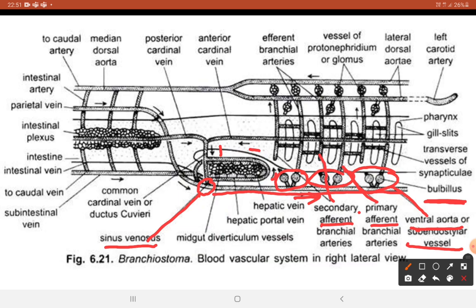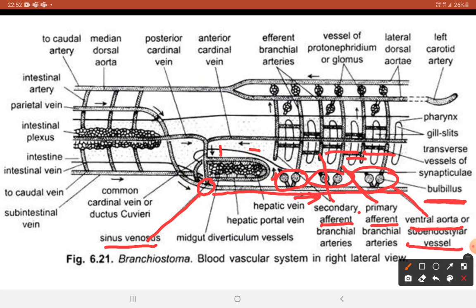Through transverse vessels running in synapticulae, the different branchial vessels of primary gill bars are connected to those of secondary gill bars. So these are the transverse vessels in the synapticulae, which in turn connect the blood flow of primary gill bars and the secondary gill bars.